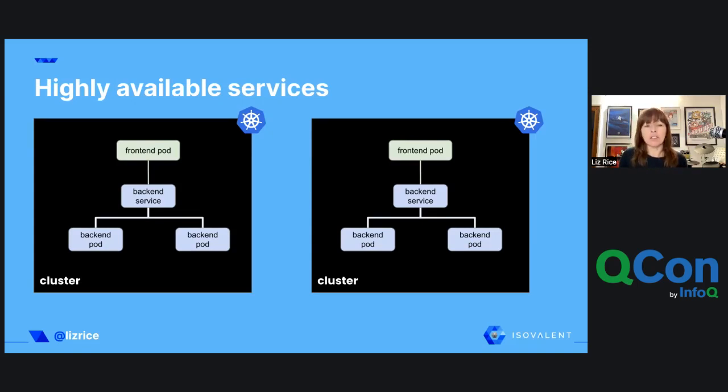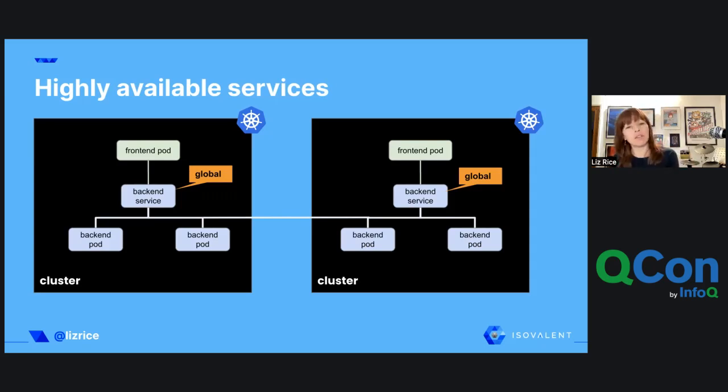With cluster mesh, we simply mark a service as global, and that connects them together such that a pod accessing that global service can access it on its own cluster or on a different cluster, should that be necessary. So I think this is a really nice feature of Cilium and remarkably easy to set up.